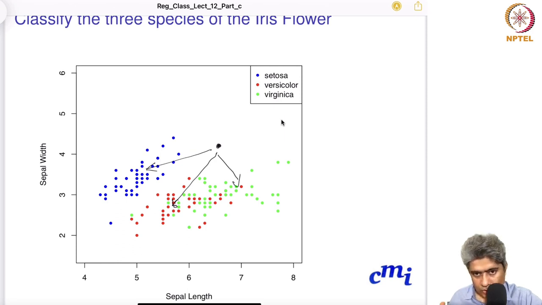For this new test point, a flower with these values of sepal length and sepal width, which class would you put it in?